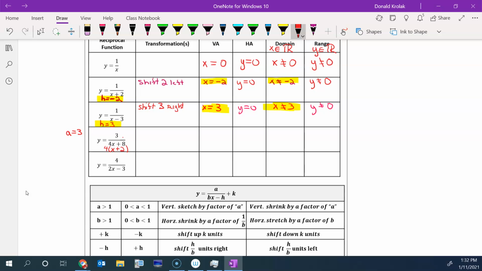Now, once I've done that, that's going to tell me what my b value is, 4, but it's going to tell me what the true h value is, which in this case would be -2, and the k value is 0.